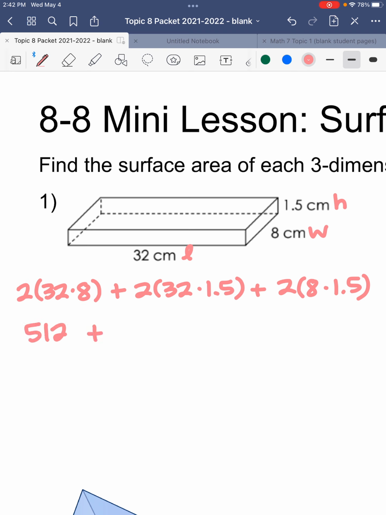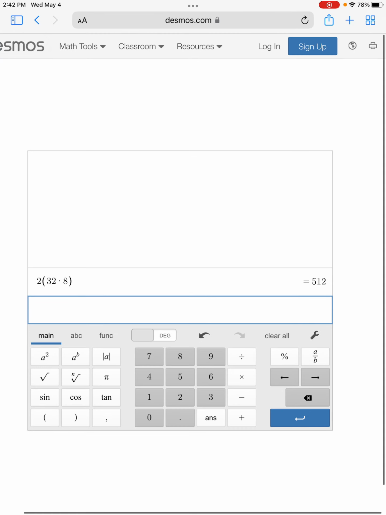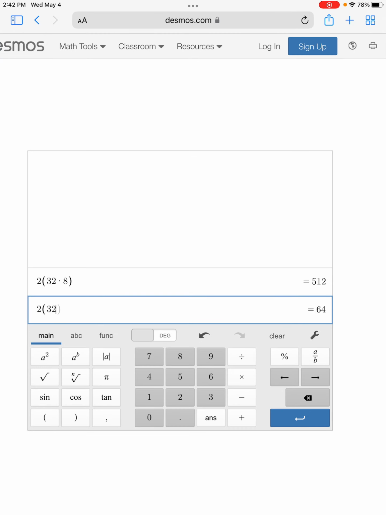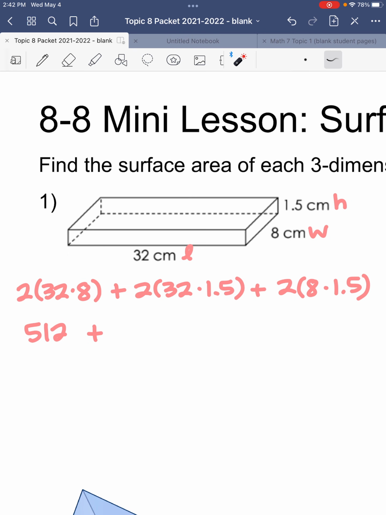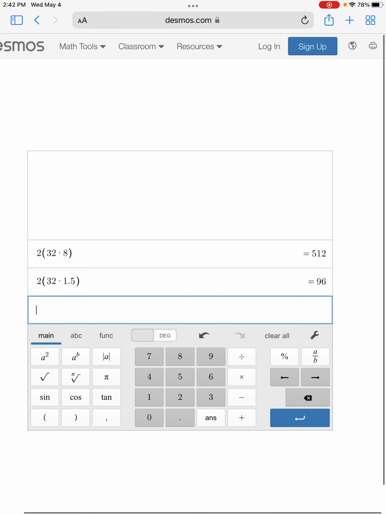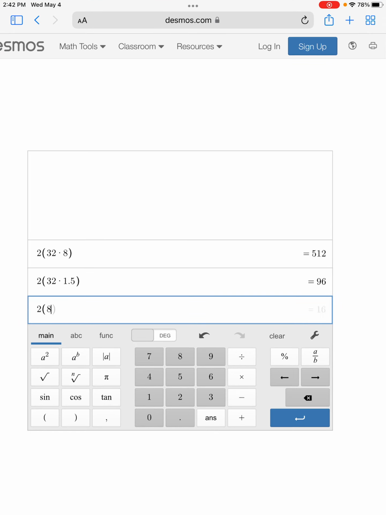Plus, now I'm going to put my second little piece, 2 times 32 times 1.5, into my calculator. 2 times 32 times 1.5, and I get 96. Oops, change that back to my pen. And then my third little piece, I have 2 times 8 times 1.5. So we put that into our calculator. 2 times 8 times 1.5, and I get 24.